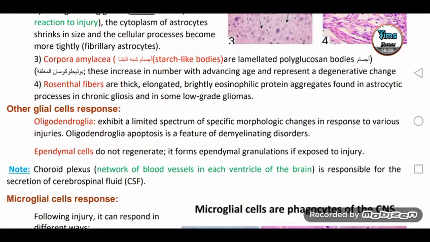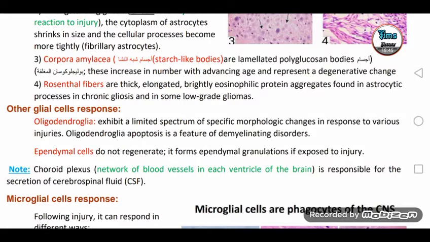So, other glial cells' response. We have different glial cells other than the astrocytes. We have the oligodendroglia, we have the ependymal cells. The oligodendroglia, why aren't they as important as the astrocytes? Because the oligodendroglia exhibit a limited spectrum of specific morphologic changes.